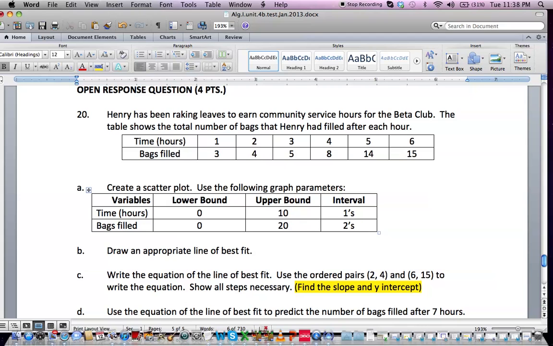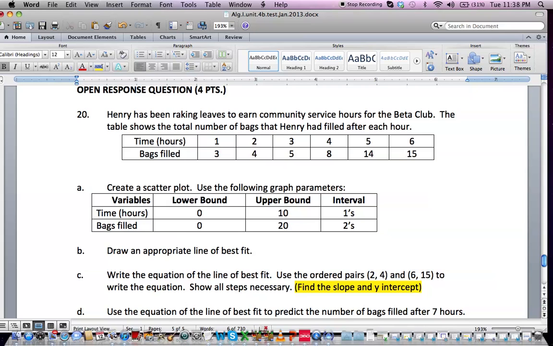Bags filled: lower bound is 0, upper bound is 20, and you're counting by 2s. So start at 0, go up to 20, count by 2s. Very, very important. And then once you get your scatter plot with these parameters, you're going to plot these ordered pairs.